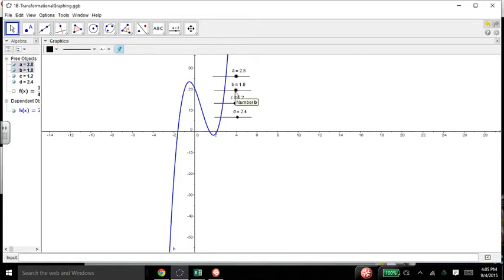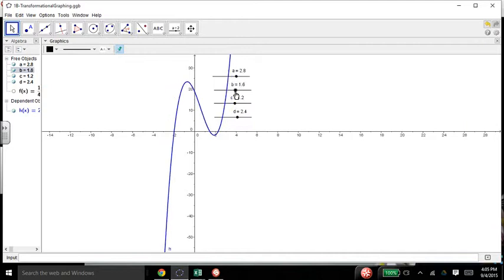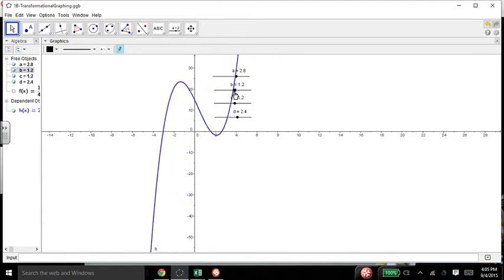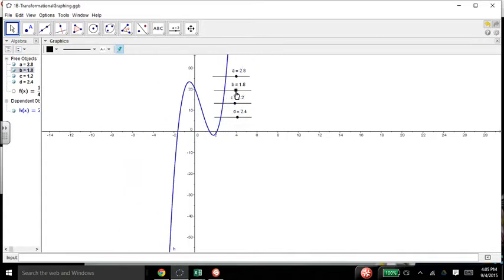When I change this b coefficient, I'm being stretched and compressed on the x-axis, or the horizontal stretch and compression. When I go negative here, this is a reflection over the y-axis. A would be a reflection over the x-axis.